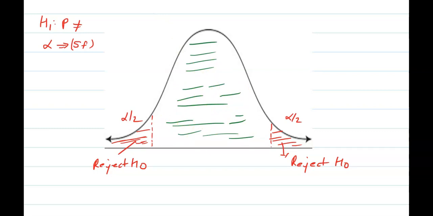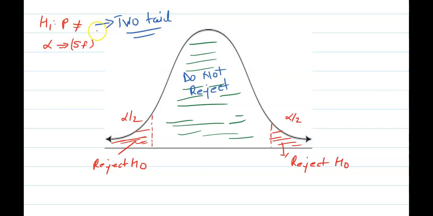Here we do not reject H0. Except we don't write that, we write down do not reject. Okay, so this is for the two-tail test. And you know when we need to do a two-tail test: when the alternative hypothesis says P is not equal to something.